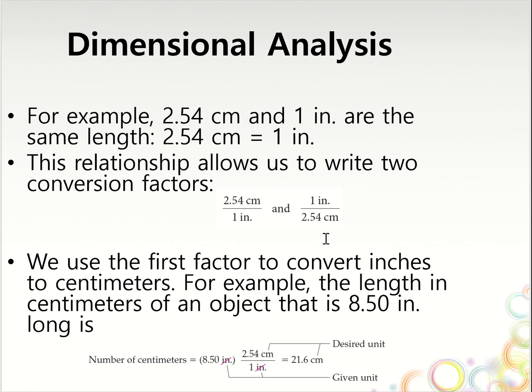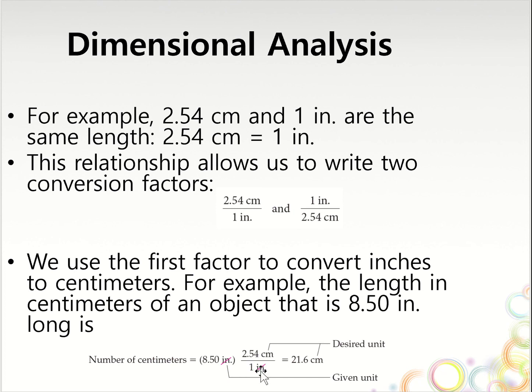So we use the first factor to convert inches to centimeters. That's this one. For example, take the length in centimeters of an object that is 8.50 inches long. The unit that we desire is centimeters. The unit that we have is inches. So we have to multiply it by our conversion factor. Because we're trying to get centimeters, it has to be the numerator in the conversion factor.